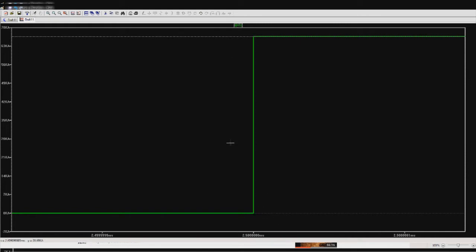So right here, you can see why this is not a representation of what is going to happen at all. This is a time difference of 6 femtoseconds and a slope of, I'm not even sure what number that is.